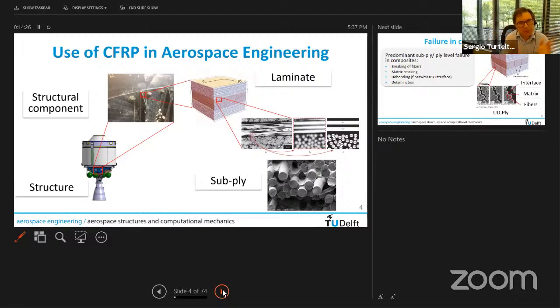The multiscale in this case is in principle general, so it could be applied to any kind of composite material, but I've decided to concentrate mostly on typical composites used in aerospace. In that case, it's important to remember how they break, because this talk is going to be mostly on the fracture aspect.